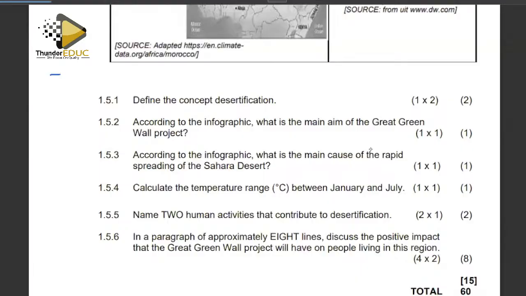Right. Desertification coming from the word desert, we know what a desert is. So when desertification is happening, what is the ultimate thing happening?